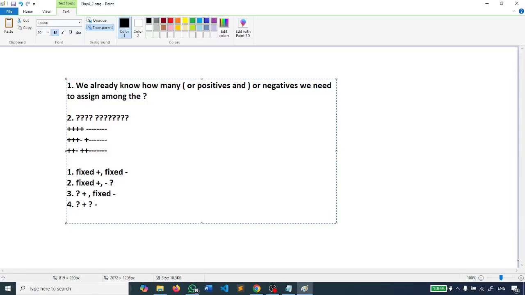This configuration of shifting the pluses to left and the minuses to right is only benefiting the second, third, and fourth cases. It wouldn't matter, right?